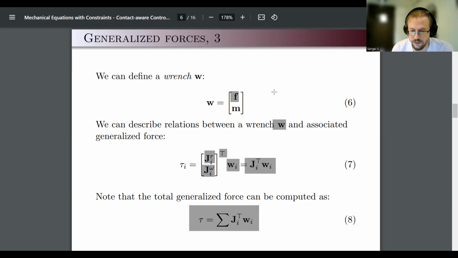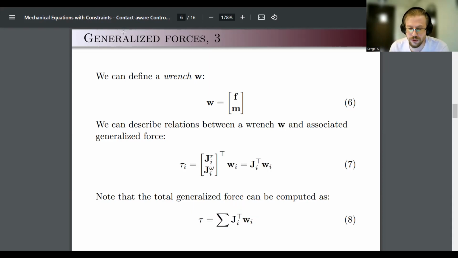You could always put a 0 in front of a torque, and you could still write a force as a wrench. So this is a general formula. But of course, you could write it as two separate sums, sums for torques, sums for forces. Okay. So this is generalized forces. Any questions so far?